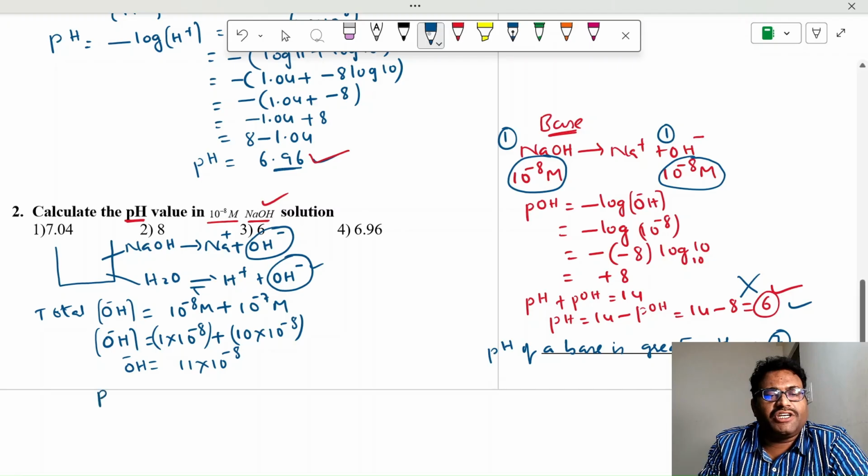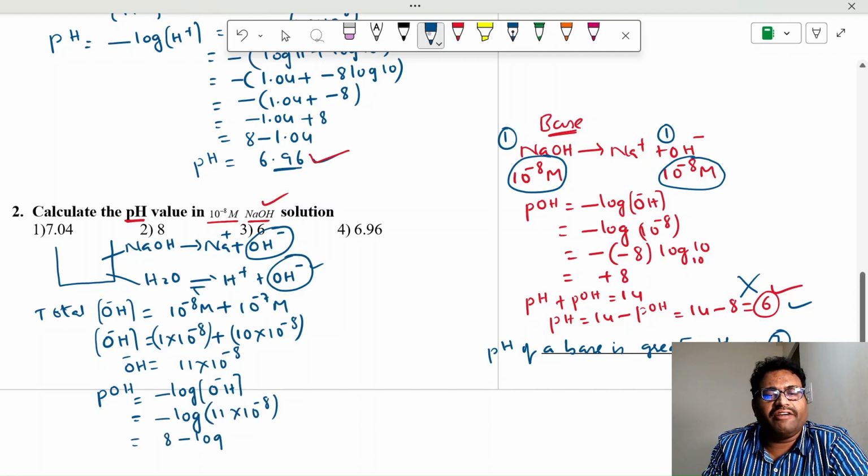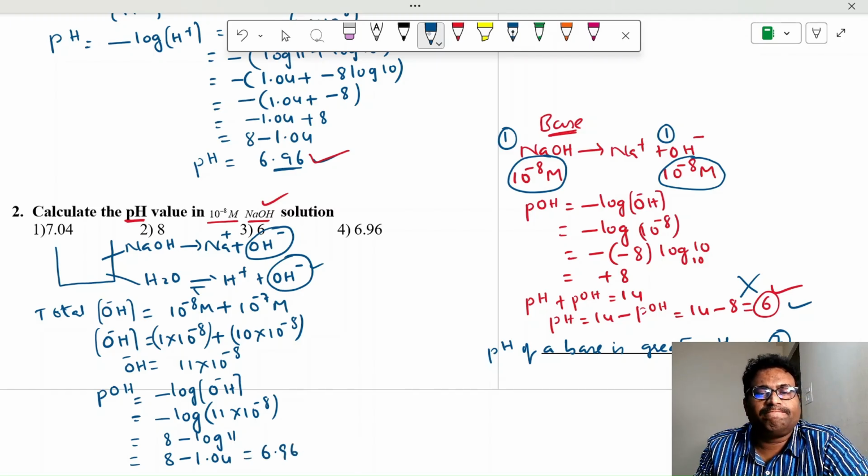Now pOH is minus log of OH minus ion concentration, which is equal to minus log of 11 into 10 power minus 8. This can be written as 8 minus log 11, that is equal to 8 minus 1.04, that is equal to 6.96.